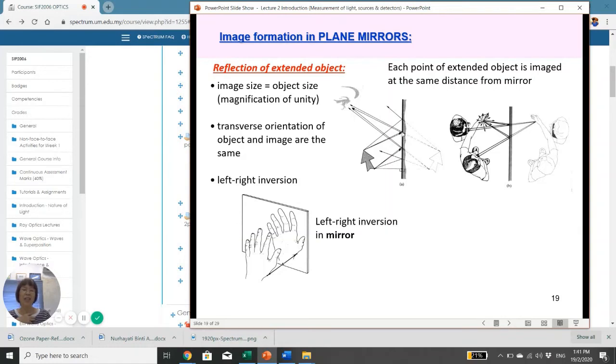You'll find that the image is still formed behind the mirror at equal distance from the surface of the mirror. Another feature of the reflected image is that there's a left-right inversion in the mirror. So when you stand in front of the mirror, your right hand seems to be the left hand of that image.